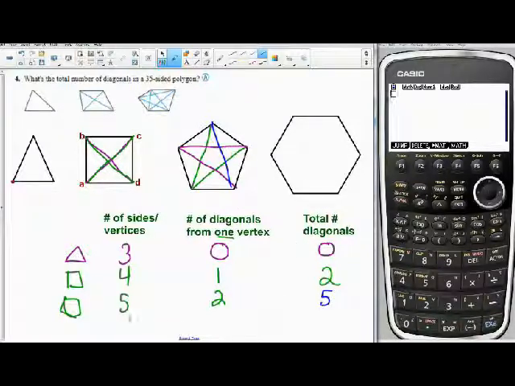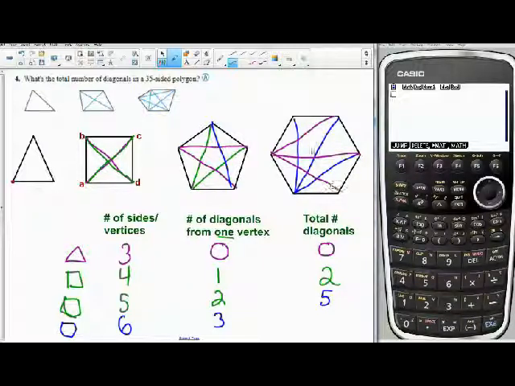Boom. Now I'm going to go to my hexagon. 1, 2, 3, 4, 5, 6. Close enough for government work. So we got 6 right here. And I'm going to go from one vertex: 1, 2, 3. I'm going to put a 3 right here. But I can also go from this guy 3 more. So that's a total of 6.